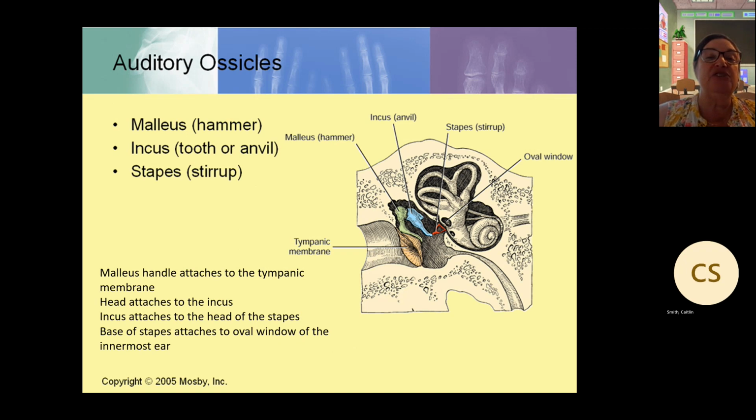The auditory ossicles are the malleus, the incus, and the stapes. The malleus handle attaches to the tympanic membrane. The head attaches to the incus. The incus attaches to the head of the stapes, and the base of the stapes attaches to the oval window, which begins the inner ear.